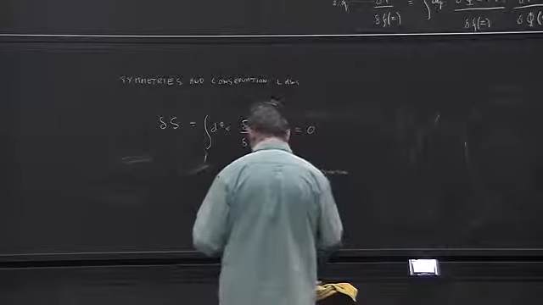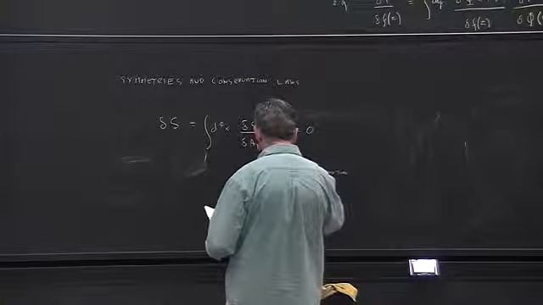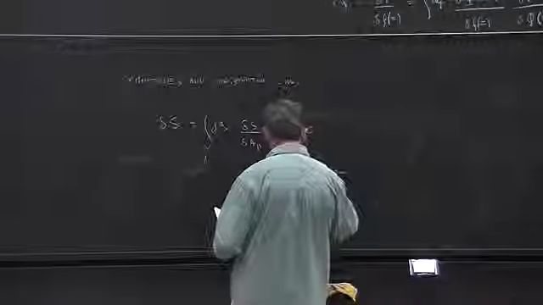But a gauge transformation is d mu alpha.